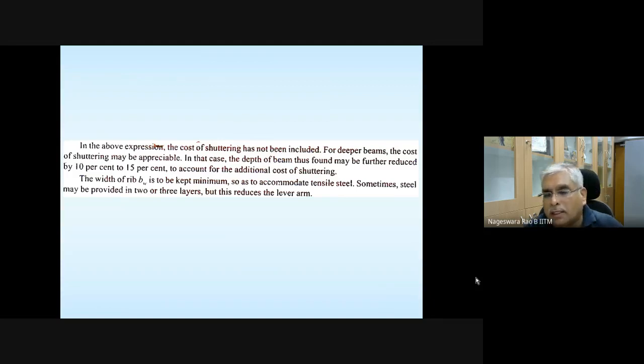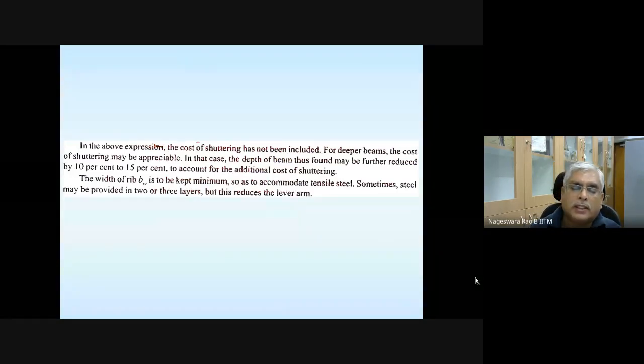Mold in the sense that is made of some kind of steel sections, or it is made out of some wooden or some kind of polymer based plastic or whatever. So this formwork is a temporary support till the concrete or the particular structural member reaches its strength to actually stand on its own. Okay.